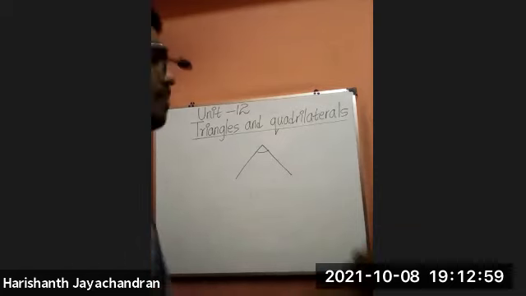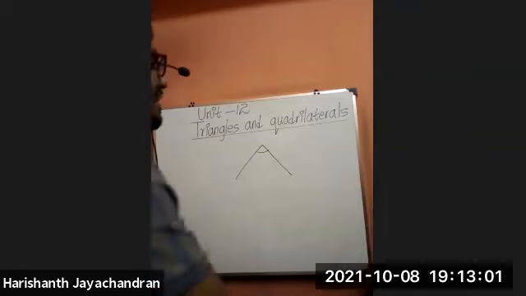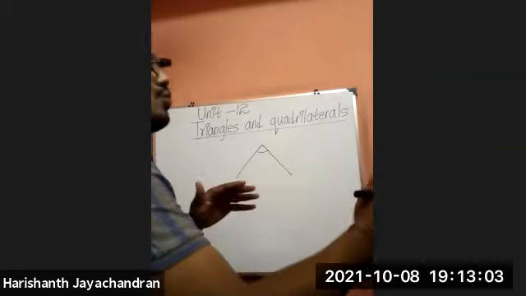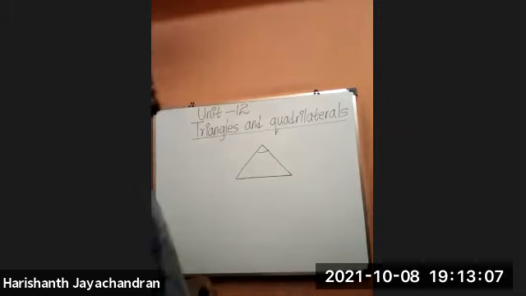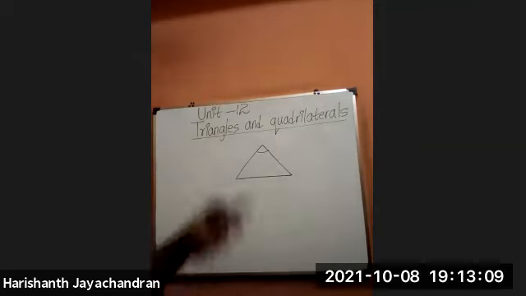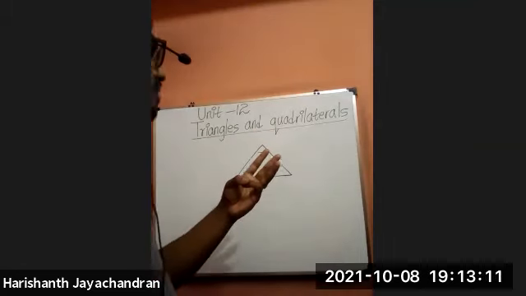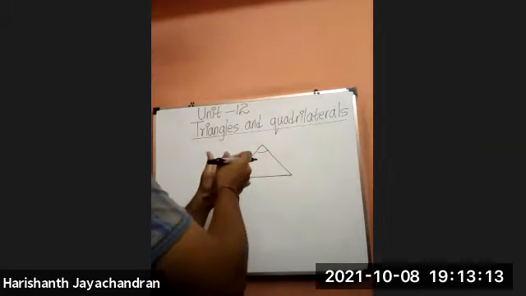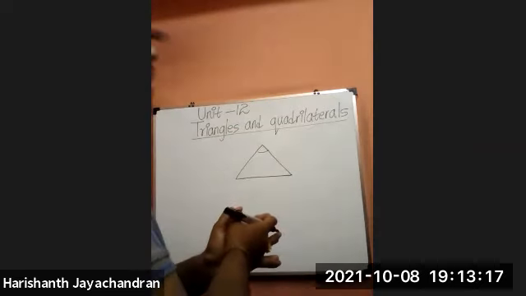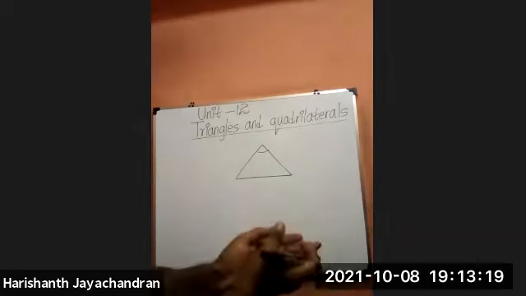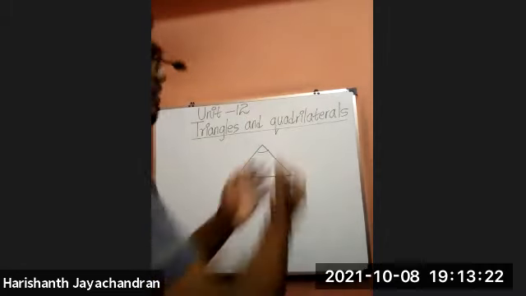The minimum number is obviously 3 straight line segments, right? By taking 3 straight line segments and connecting them with each other, you will be able to form a closed 2D plane figure.